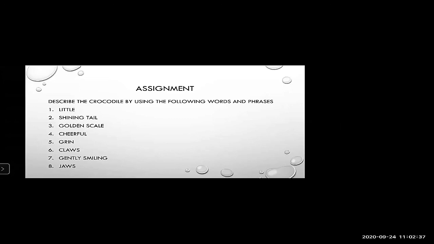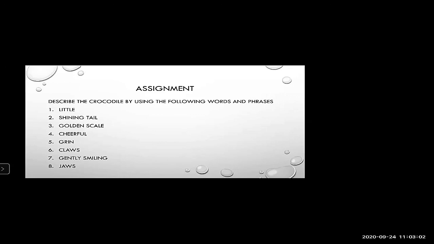In this, you have to describe the crocodile by using the following words and phrases. The words are little, shining tail, golden scale, cheerful, grin, claws, gently smiling, jaws.